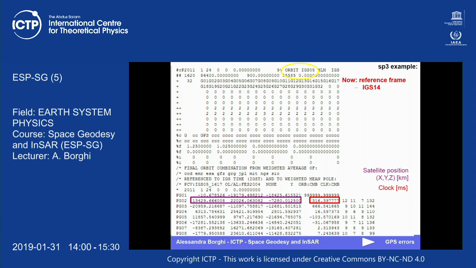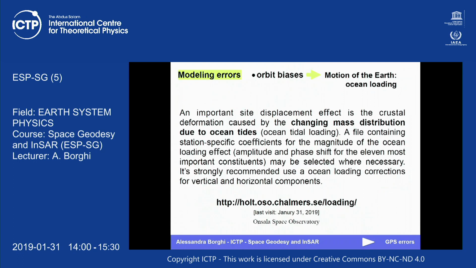So, do you remember all the files that are .sp3? Okay. We can have orbit biases. We have seen it depends on the motion of the satellite and the motion of the Earth. One important motion that we have to take into account is the effect of the ocean loading.